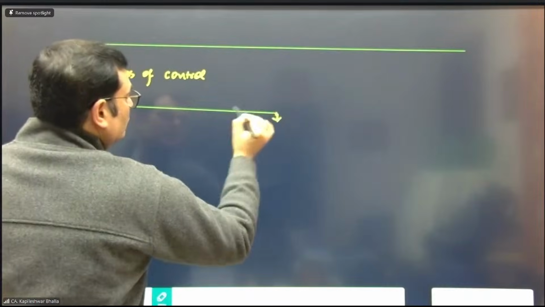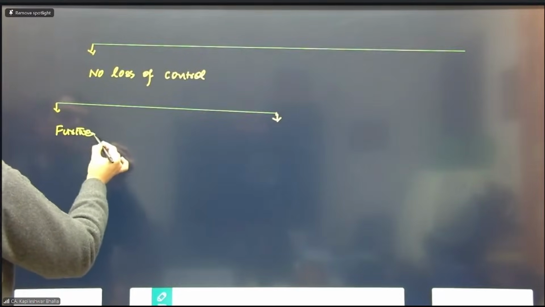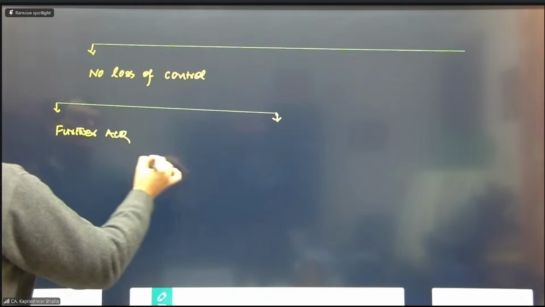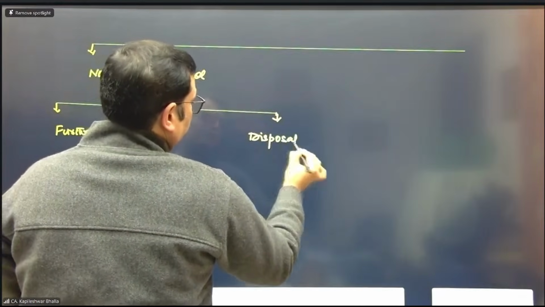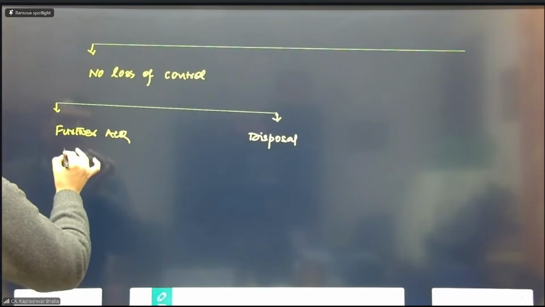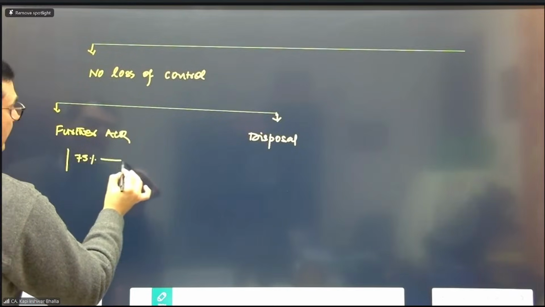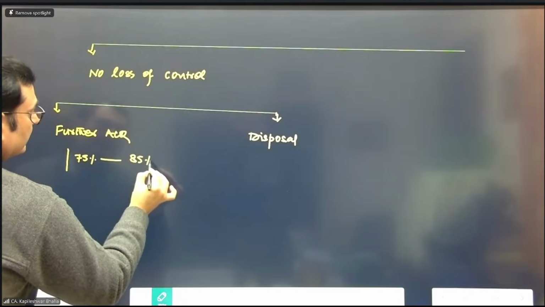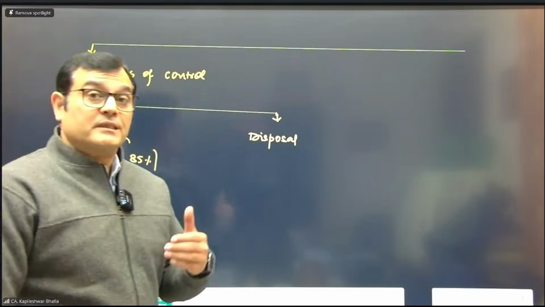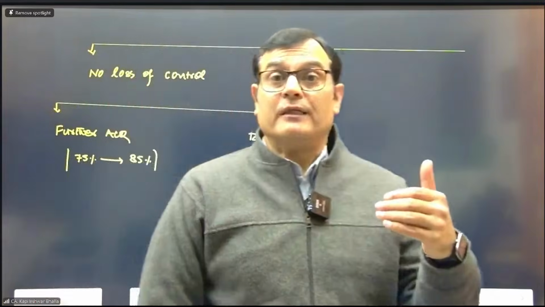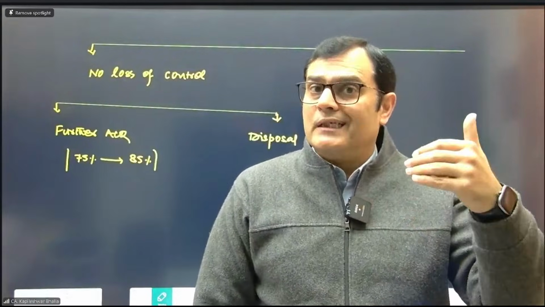One is a case where there is a further acquisition, and one is a case where there is a disposal. Let's take an example. We had a 75% stake and we acquired another 10% stake. So there is no loss of control. From 75, you reach 85. You were in control, you're still in control.